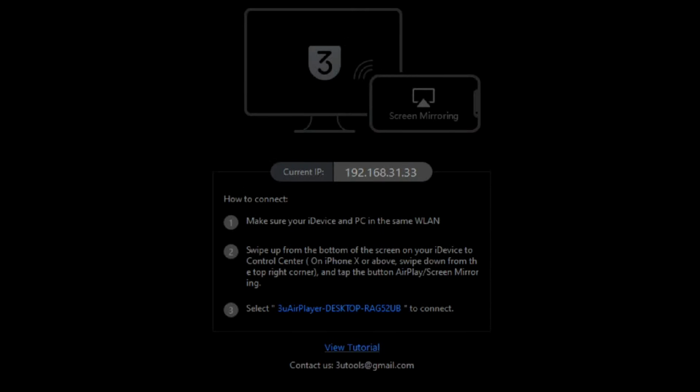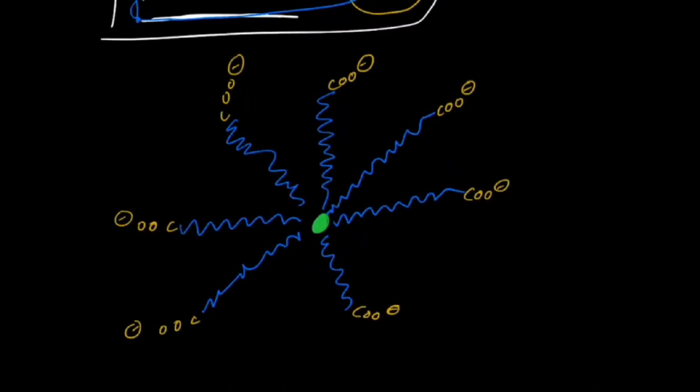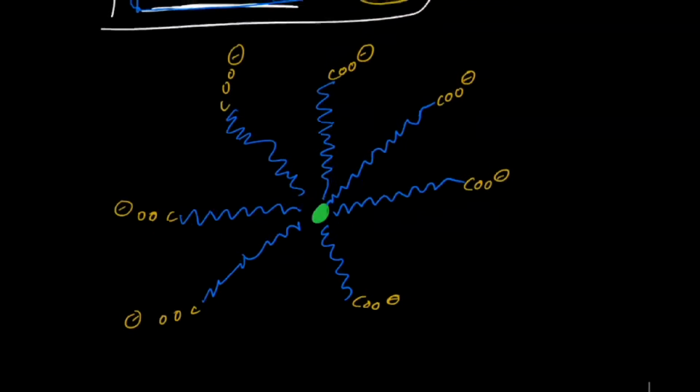I think there is some issue with the screen. I'll just check it. Is it visible now? Okay, I think it's visible. There was some issue.